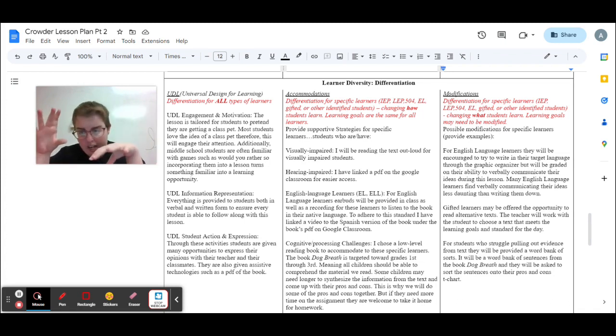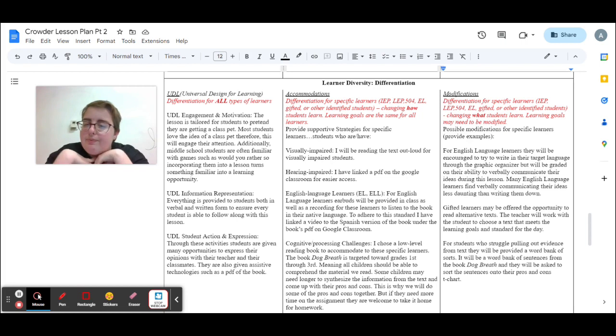Each of these categories is broken down into smaller categories, but this is a universal, decided way to differentiate to reach all types of learners, whether they are visual, kinesthetic, or audio.